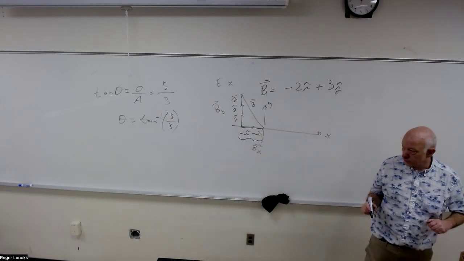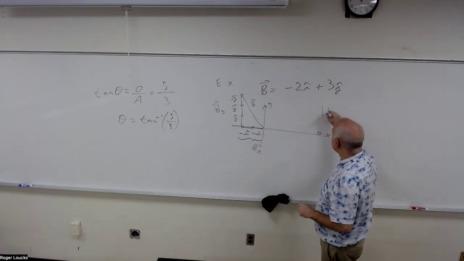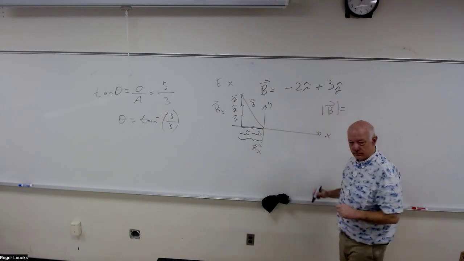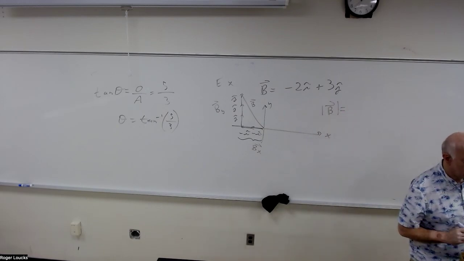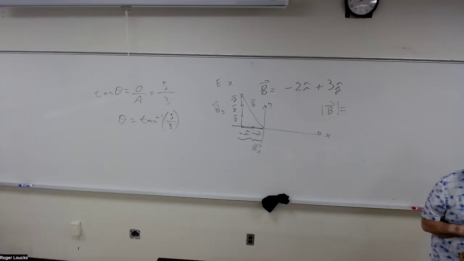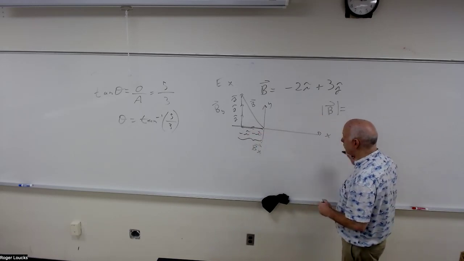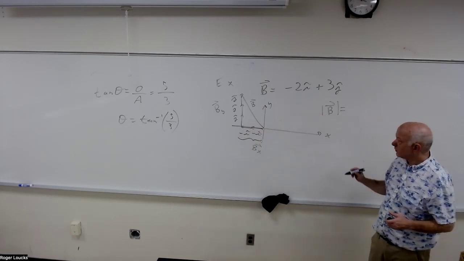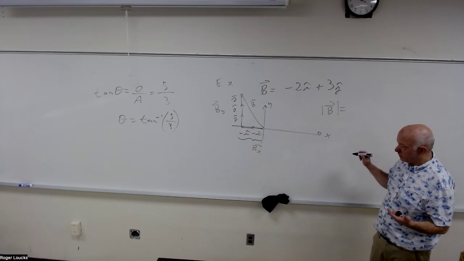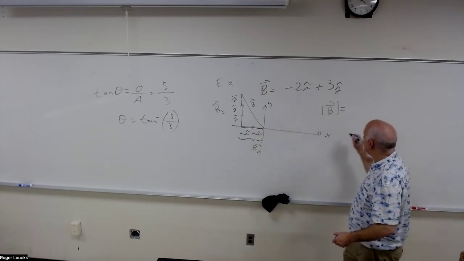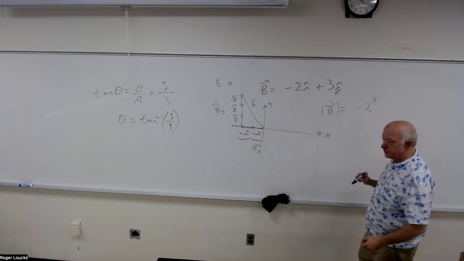Now, what would then be the magnitude of B? I'm going to have the magnitude of Bx squared here, which is going to be what? I would take the length of this guy here, which is minus 2, and I square it.